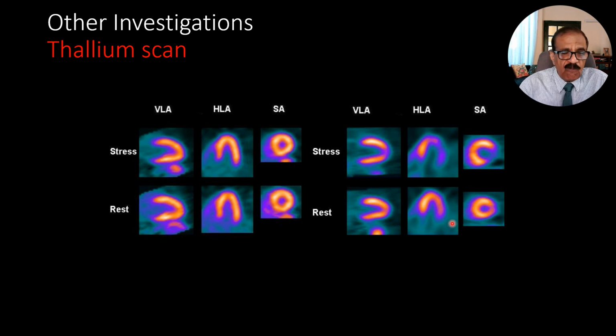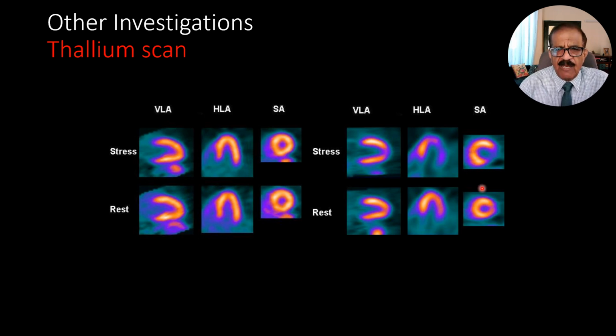So you got a very, very useful information that this patient has got reversible ischemia. That means this patient can benefit from any kind of revascularization procedure. Most probably this patient would need a proper angiography and maybe percutaneous intervention or maybe grafting.